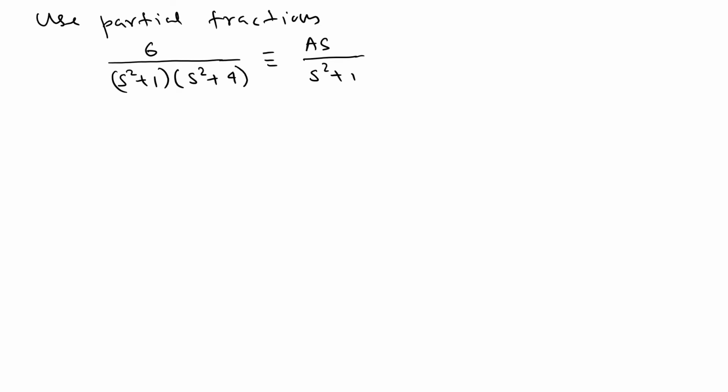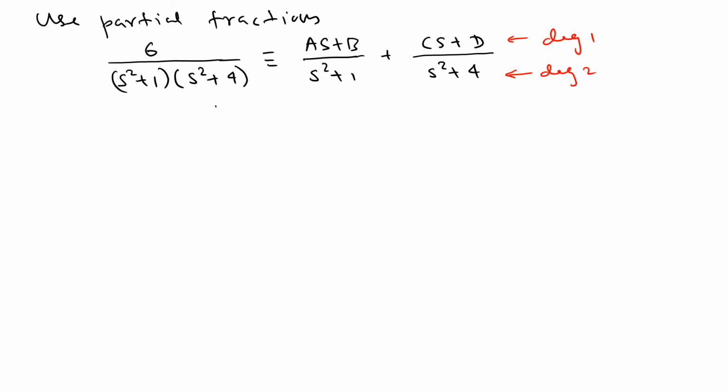So it is as plus b, and this is s squared plus 4, degree 2, so degree 1, so cs plus d. So always, see, this is always degree 1 less unless it is repeated. Okay, so we have the right form.